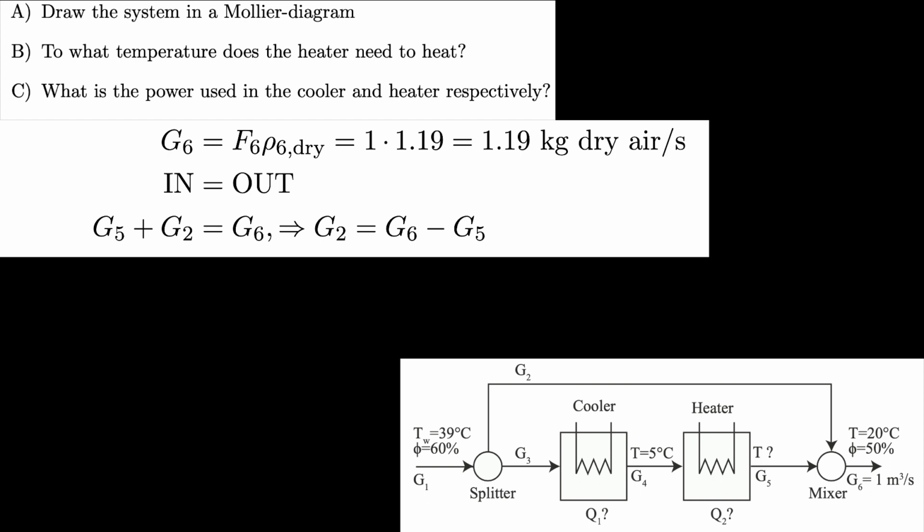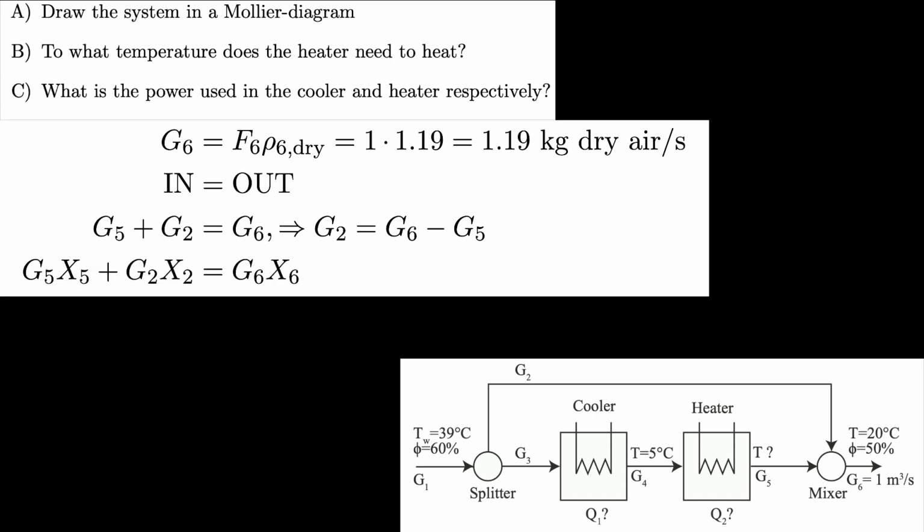Let us write the balances for the mixer. For air, we get in equals out, that is G5 plus G2 equals G6, which we can write as G2 equals G6 minus G5. For water, we get G5 times X5 plus G2 times X2 equals G6 times X6.